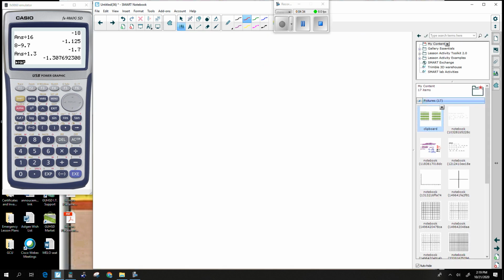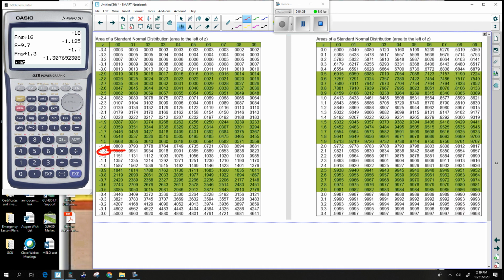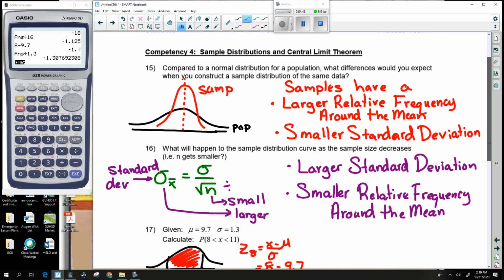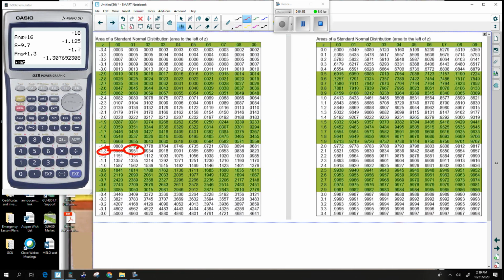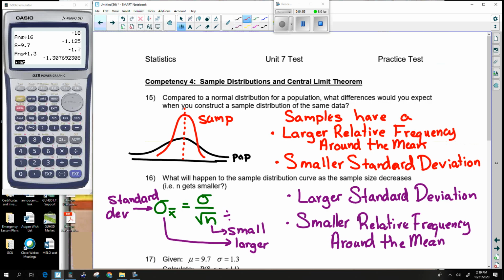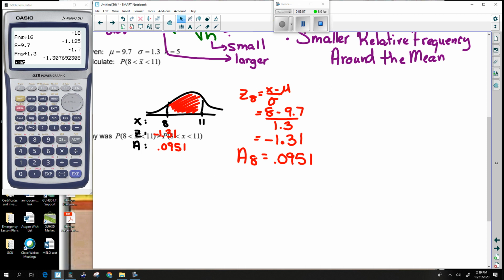So let's go ahead to our table of negative 1.31, 0.951. I totally forgot what it was. Yeah, 0.951. So I found the area of the small. Now I need to go ahead and find the area of the big and subtract the two.